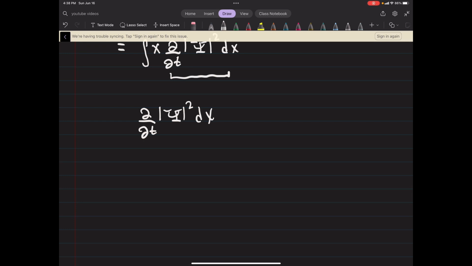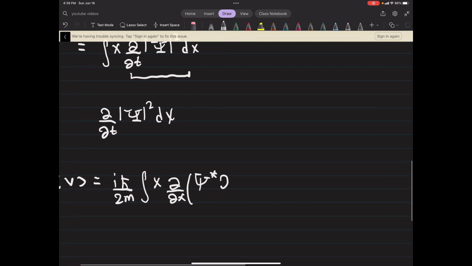But just to save us some time, our expectation value can now be i h bar over 2m, the integral of x d by dx of psi star d psi by dx minus d psi star dx times psi dx. And now what we want to do is integrate this by parts.